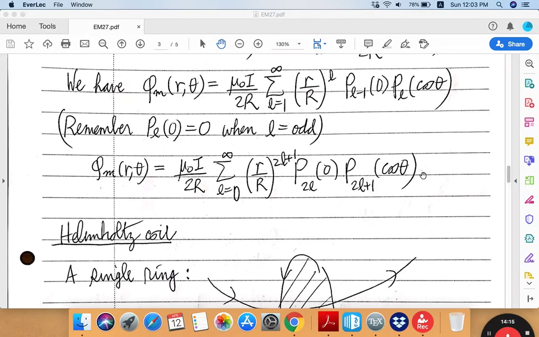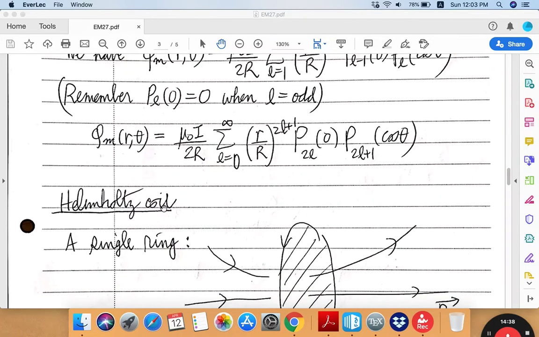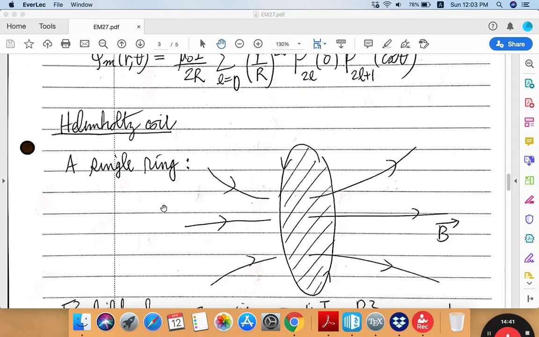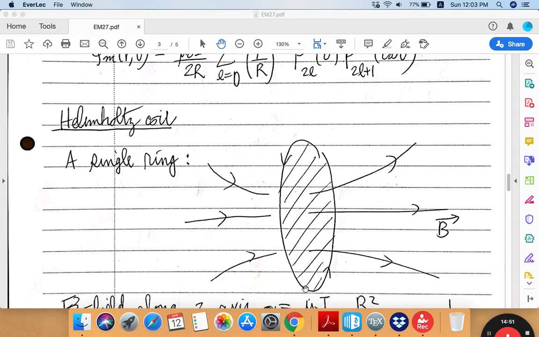So what I mean by that is that now that we have this potential, all we have to do is to take the gradient of this potential, which will then give us the magnetic field at arbitrary locations in space. Okay, and when you do that and draw the field lines that you obtain from the analysis, this is the kind of pattern of the magnetic field you will find as generated by a circular ring of current.